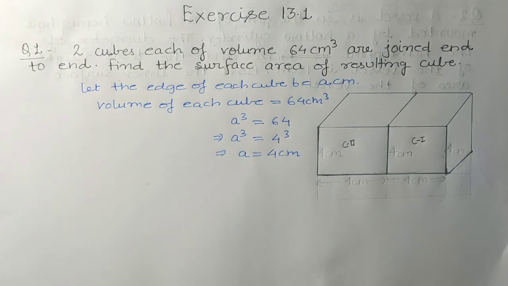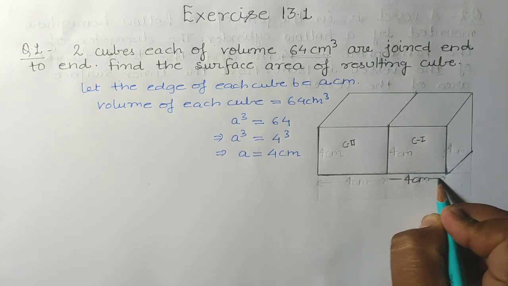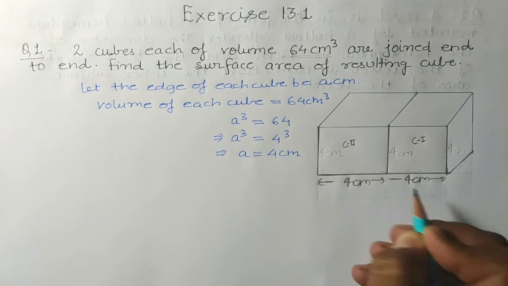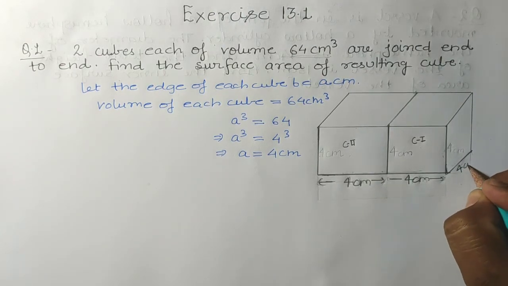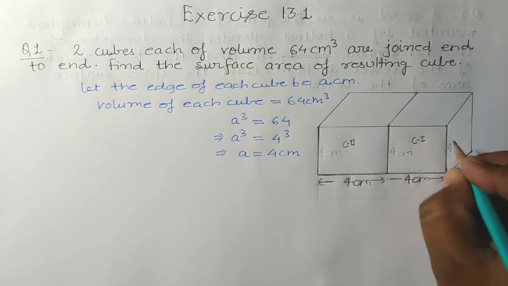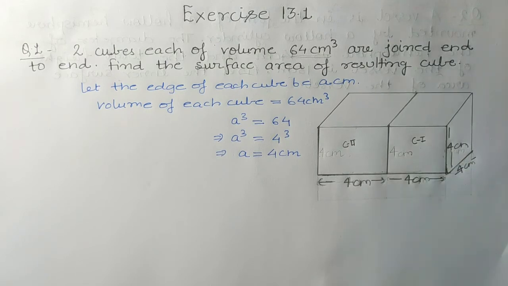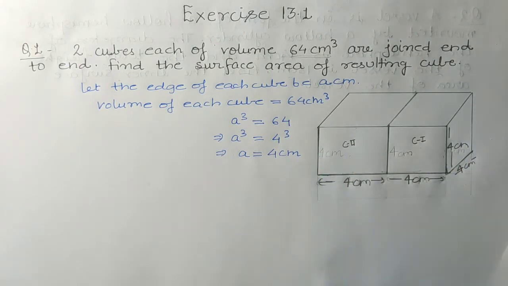Now in this figure we can denote this as 4 centimeter. This means the length of both of the cubes is 4 centimeter, breadth is 4 centimeter and height is also 4 centimeter.